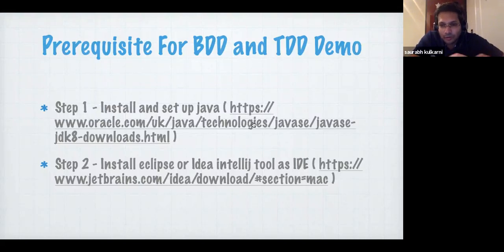Also make sure that you can write TDDs and BDDs for any programming language. So these are for all the programming languages. We are using Java here for the demonstration, but understand that a similar thing is happening with React, Angular, C++, Python, Ruby, and whatever skill your project is using at the moment.